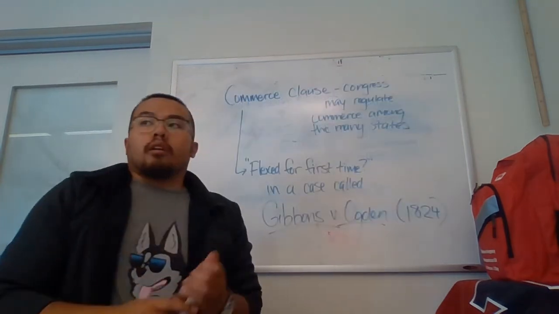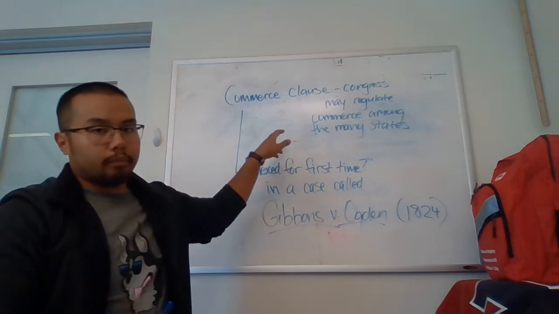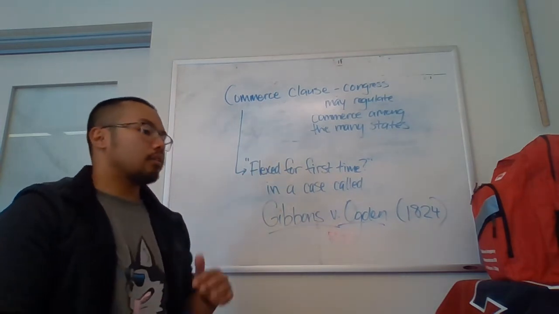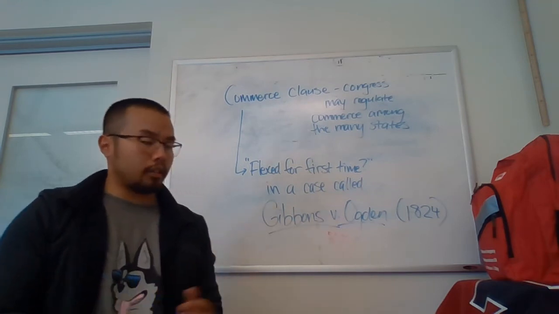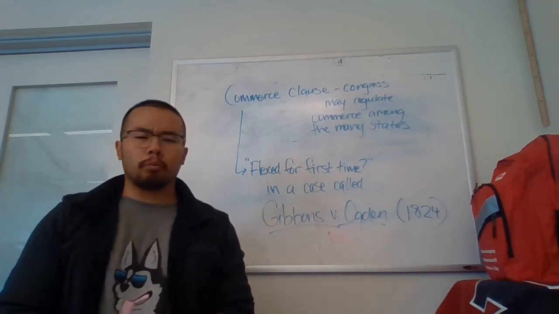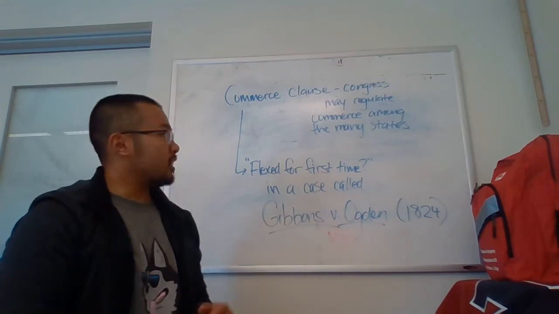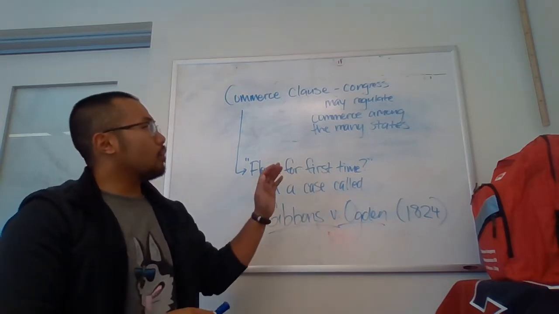Okay. Now, the next thing we need to go over is something called the Commerce Clause. We've talked about this extensively in the class and how a lot of times commerce can be interpreted in very broad and sometimes questionable degrees. I'm going to state what it is first.